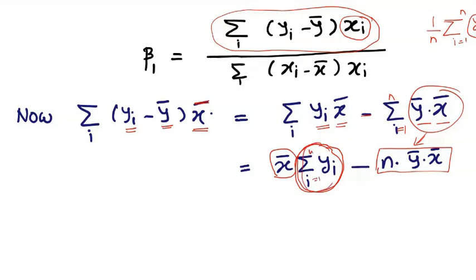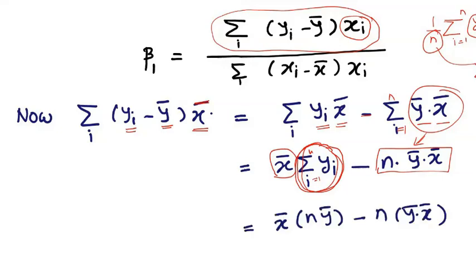So what will this be? You take this n to this side. So summation i equal to 1 to n yi is nothing but n into y bar. Okay, so you replace this by n into y bar. So this is replaced here.